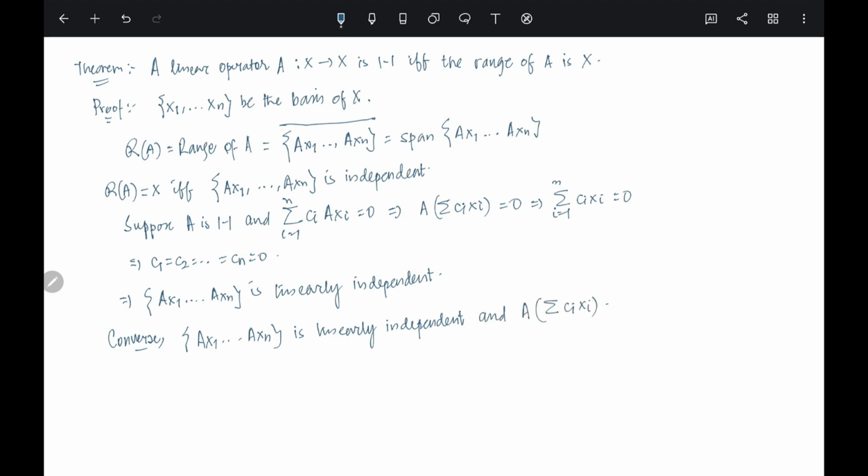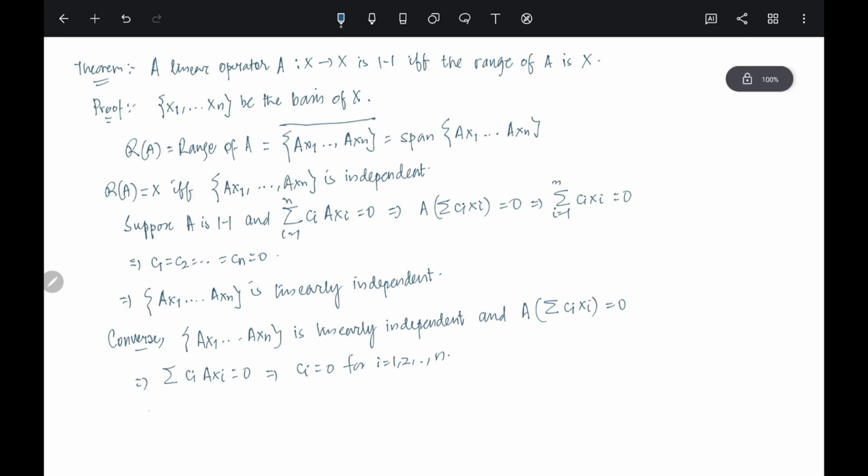I am not writing i equals 1 to n, that is implied there. That will imply that summation Ci Axi is 0. This is very easy because of the linearity, and that will imply that the Ci's are 0 for all i, i equals 1 to n. This is true because I have assumed that A of x1, x2, ..., xn is linearly independent, right?